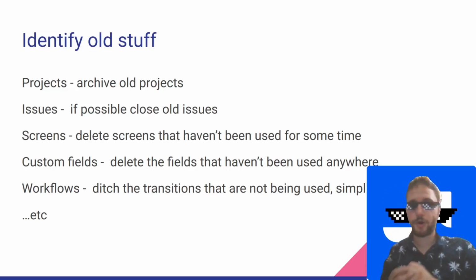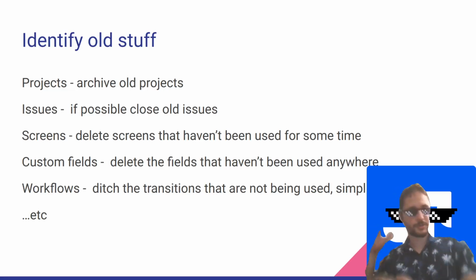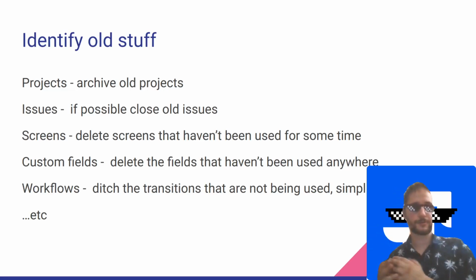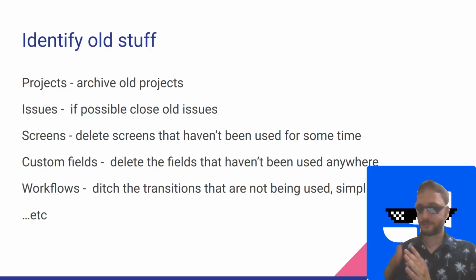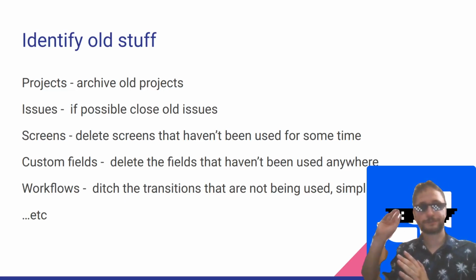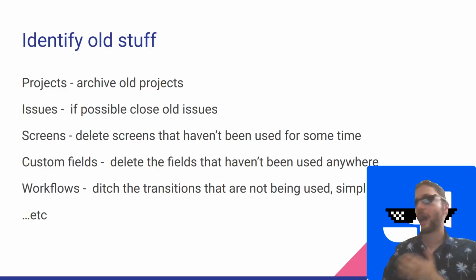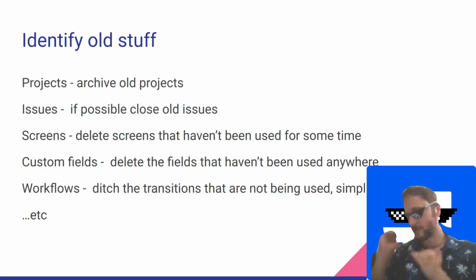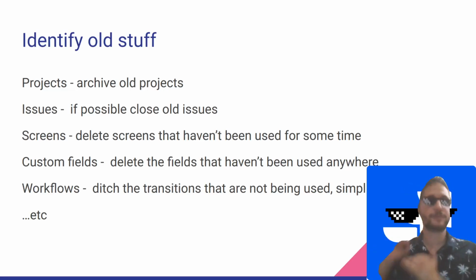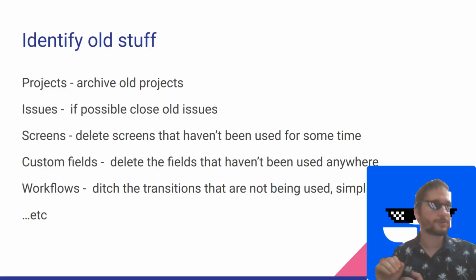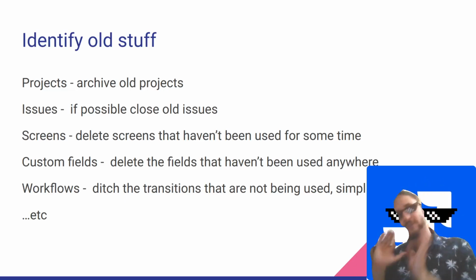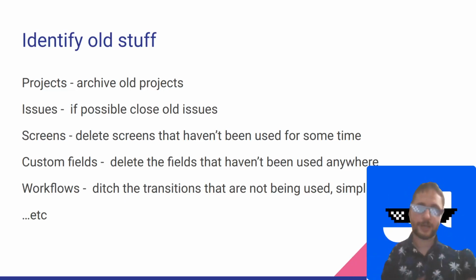Issues. If possible, you need to communicate this with stakeholders. But I believe that if there is an issue that has been in progress for a year, that issue should be closed. But of course, communicate this with your stakeholders. You never know if they need it or not.